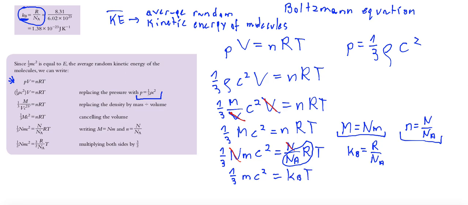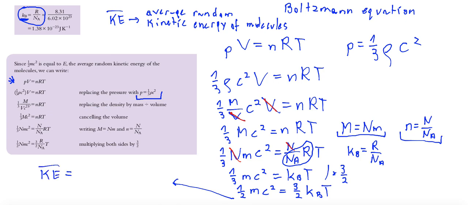Okay, and multiply all by 3/2, obtaining 1/2 m c squared is equal to 3/2 Boltzmann constant times temperature, or finally that the average kinetic energy of the molecules is equal to 3/2 Boltzmann constant times temperature.